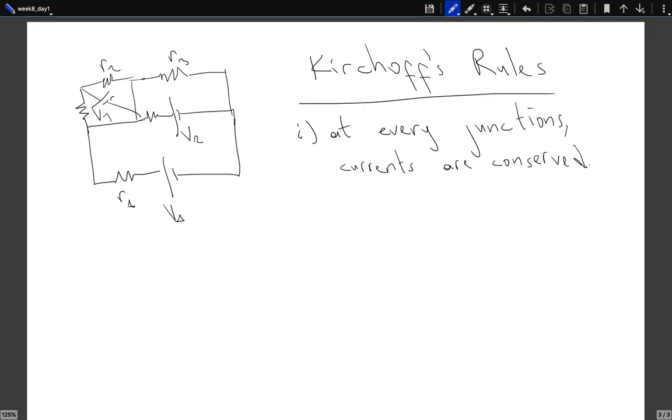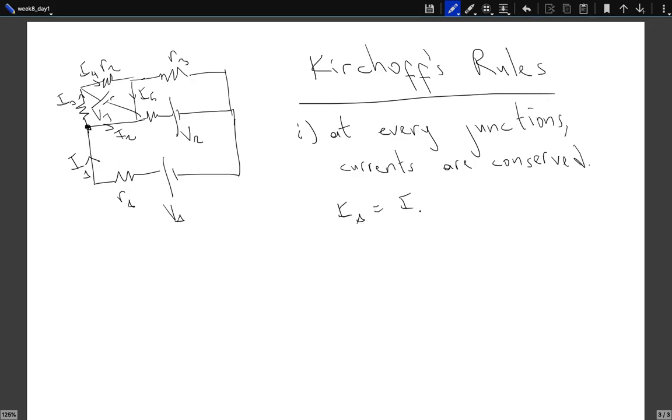Which means that, let's say, if we call this current I, you see here, there is a split. Let's call this I1, this is our I2, this is our I3, I4, I5, etc. So let's just look at over here.